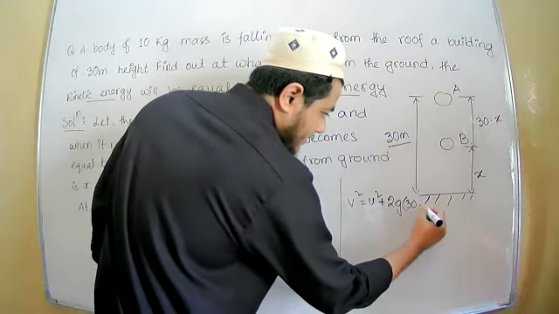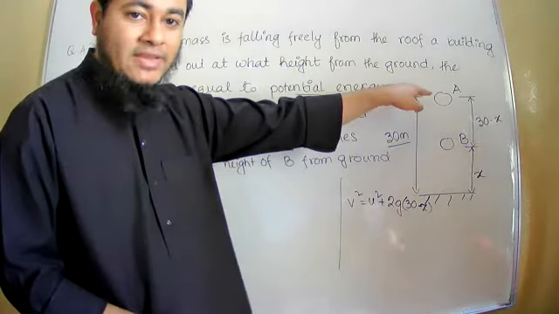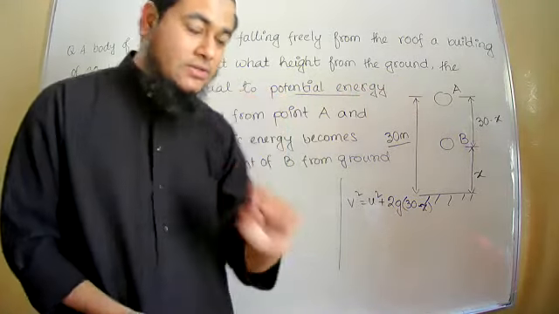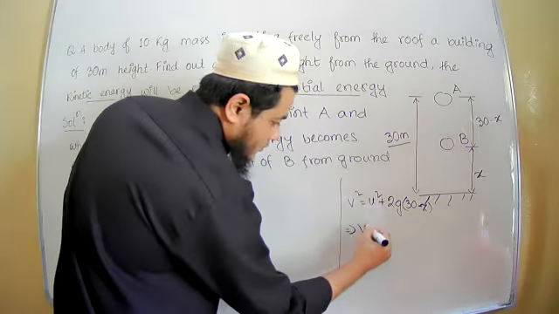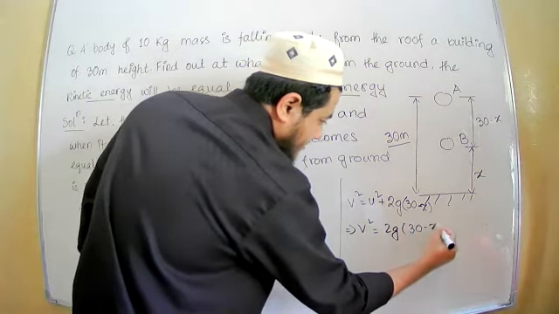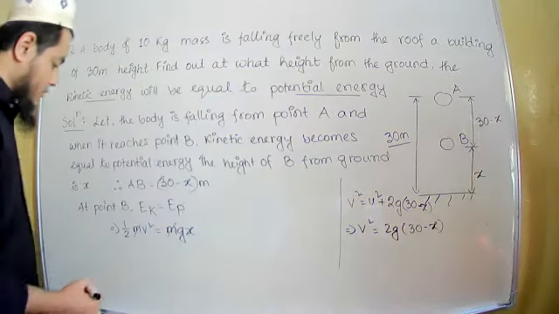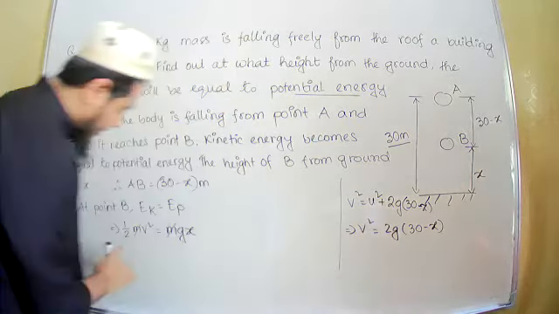30 minus x. Now, for a falling body, we know that at the maximum height, the velocity is 0. That means the initial velocity is 0. U is 0. So v square will be equal to 2g into 30 minus x. So we will replace that v square here.